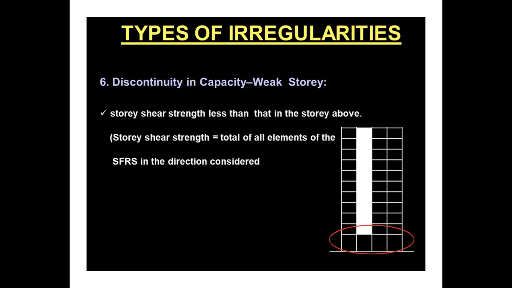A building that has fewer columns or walls in a particular story, or an unusually tall story, tends to get damaged or collapse, initiated in that story. Many buildings with an open ground story intended for parking collapsed or were severely damaged in Gujarat during the 2001 Bhuj earthquake.